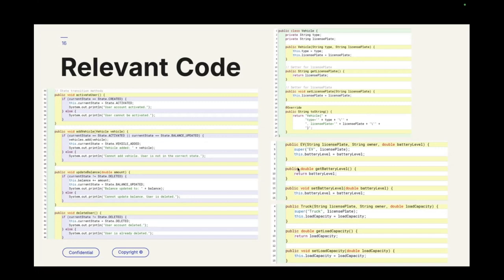And then the EV, truck, and bus classes will ask for some special information, like in the EV class there's a battery level, and in the truck there's a load capacity, to make sure the information of the three types of special vehicles is typed into the system.